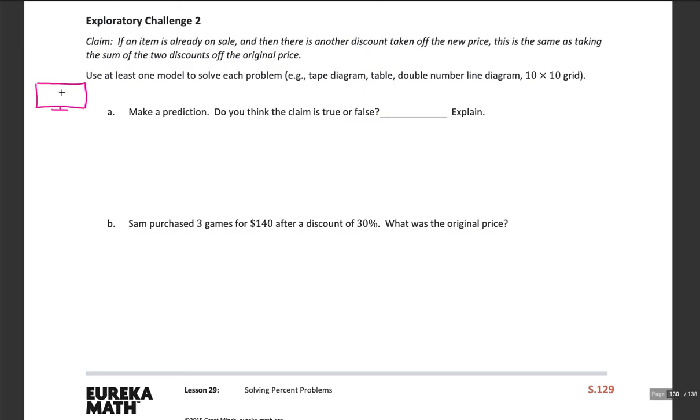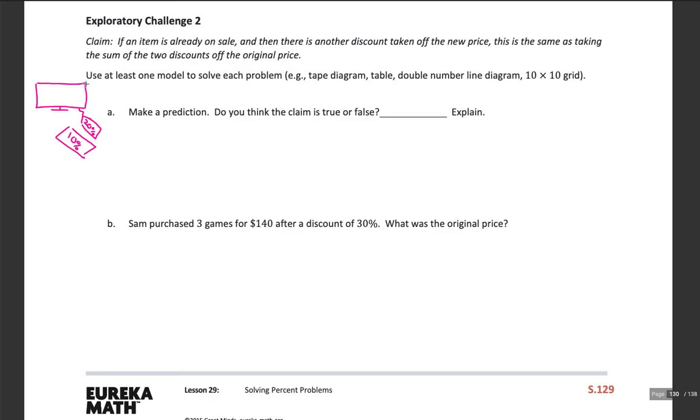So let's say you go and there's a tag on it and it says 20% off. It's on sale for 20% off. And then let's say you have a coupon for 10%. I have a 10% coupon for the TV. I wish that they gave out coupons for TVs.